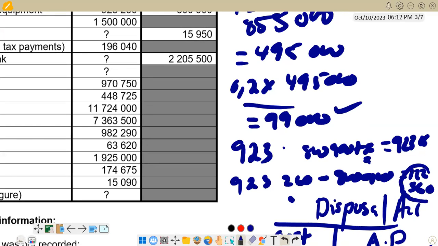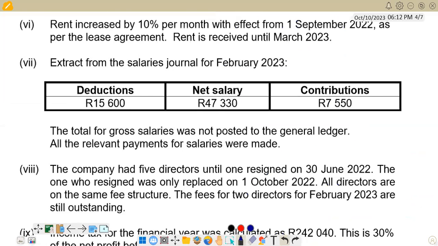So this is the depreciation for equipment, and also we have depreciation for motor vehicles, which is 99,000. So we are going to add this one, 122,360, then we add 99,000 to get the total. So we are just going to summarize that on the answer section there.